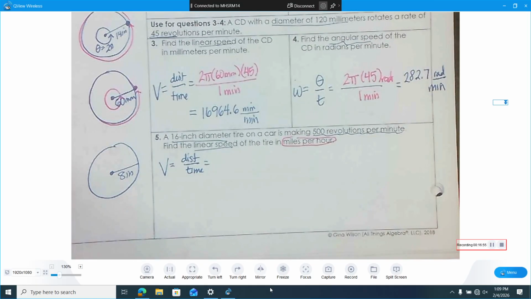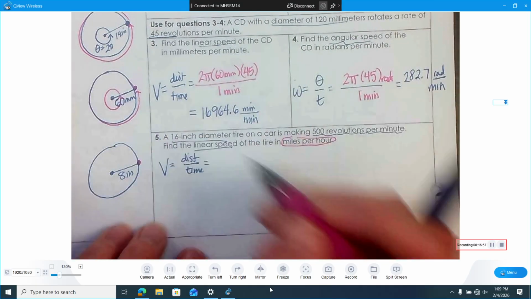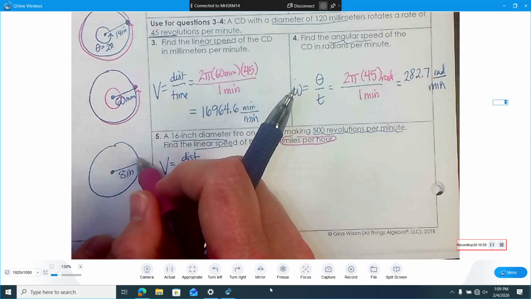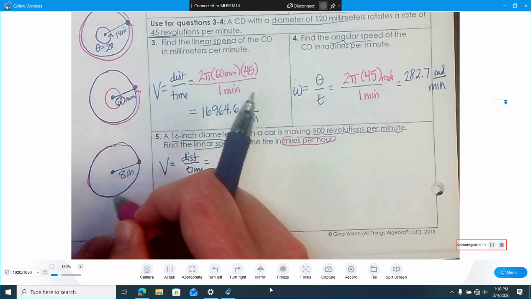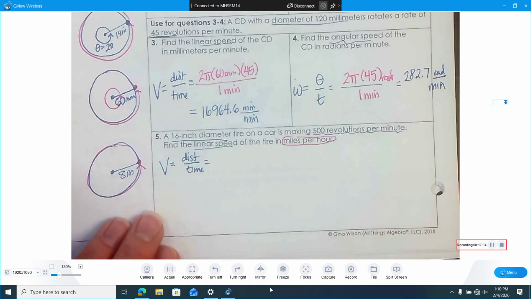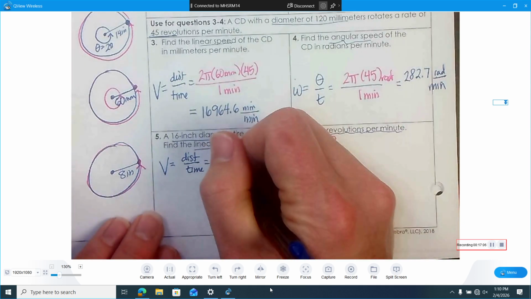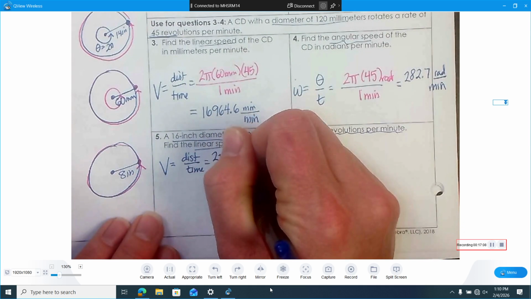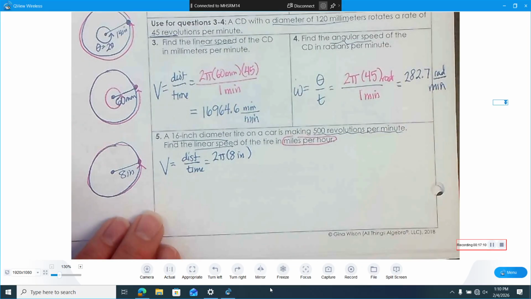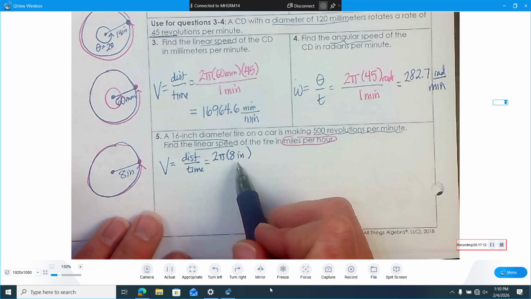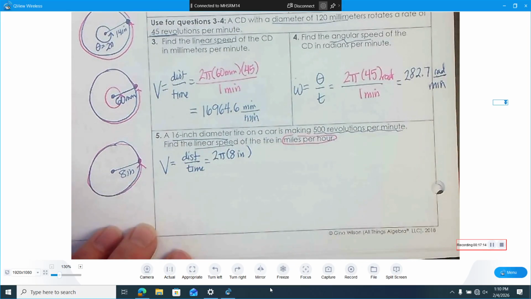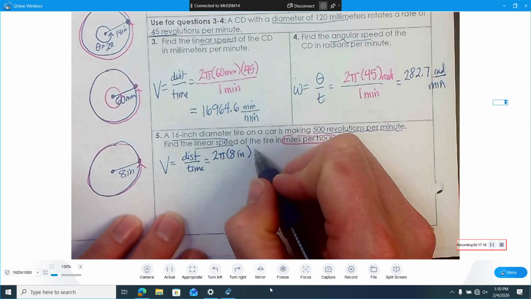So let's think about my spot on the end of my tire here. If it's traveling around in a circle, what's one rotation of distance? 2 times pi times 8 inches. And I'm making sure I put my units on. That's really important. But that's just one rotation. How many rotations are we doing? 500.